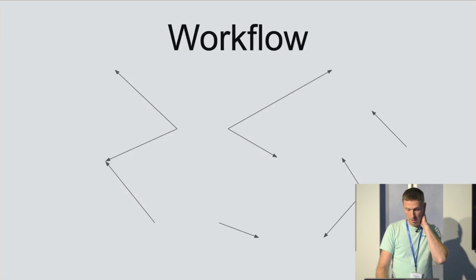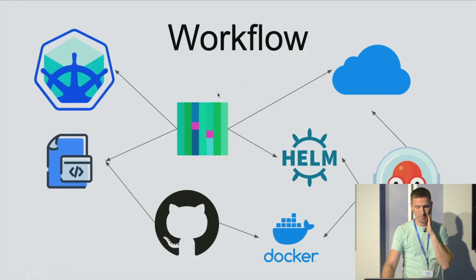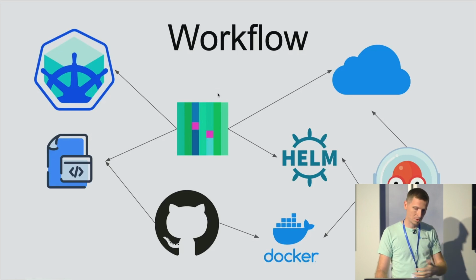Okay, so how we ended up using Garden: you can see in the middle, that's the Garden icon. Garden looks in the source code for the Garden config. It builds your configuration.